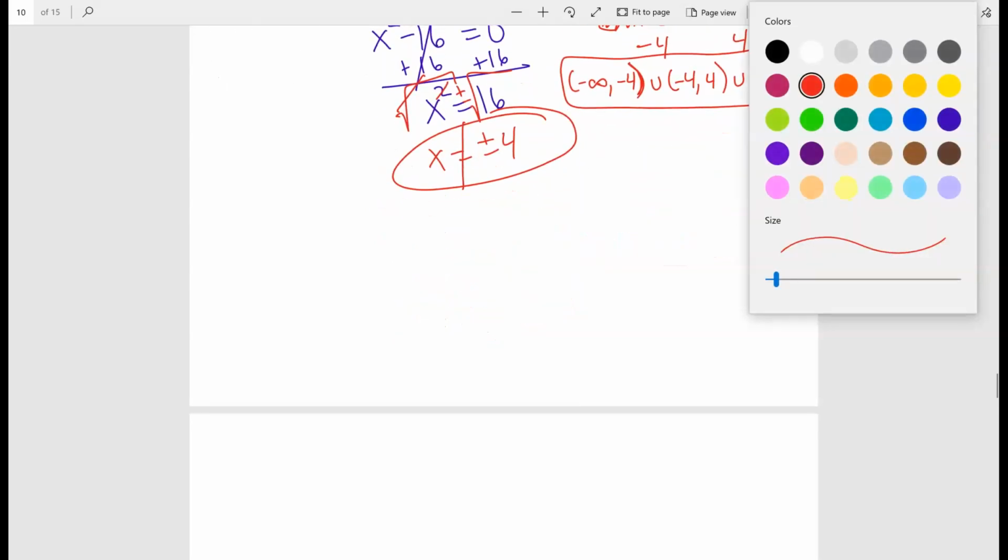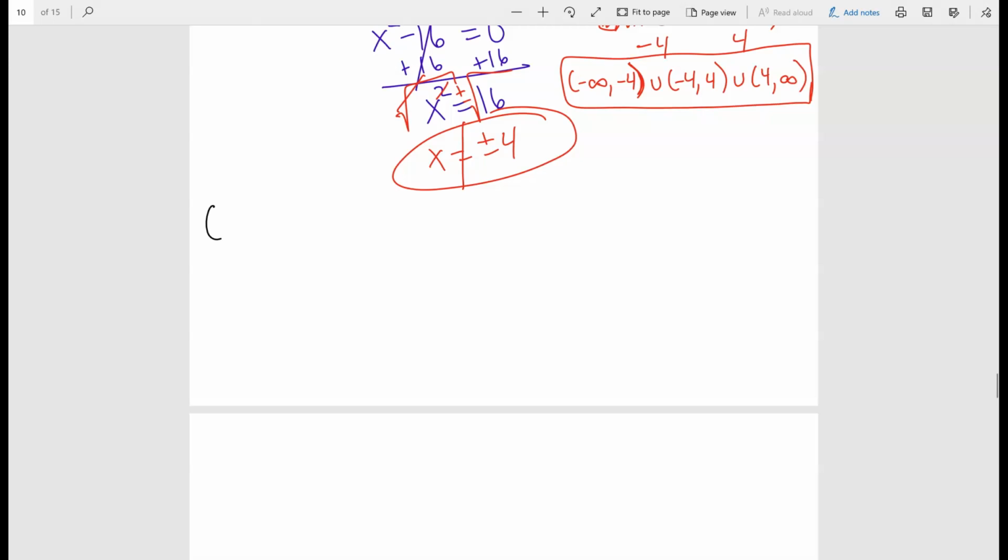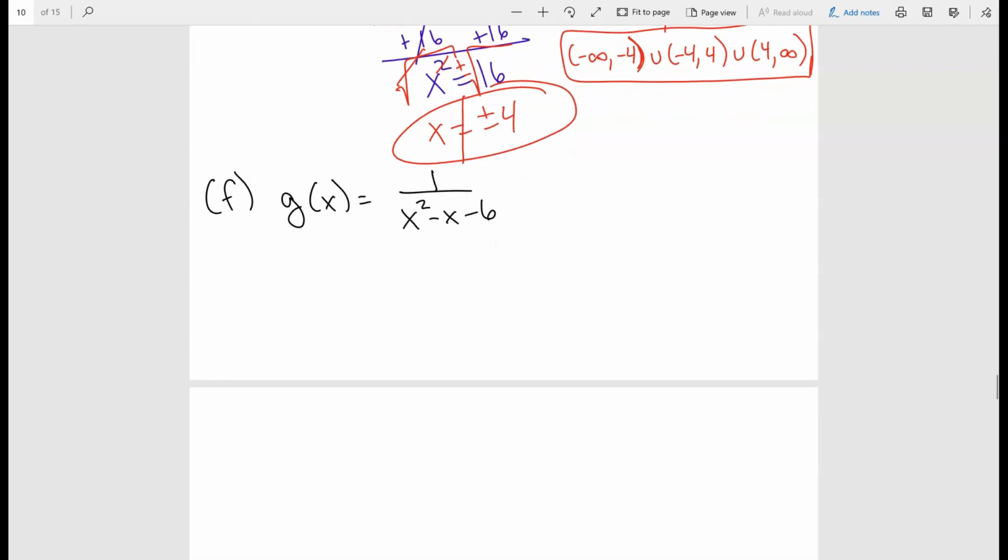Okay, so let's just do one more. So let's say we wanted to do g of x is equal to 1 over x squared minus x minus 6. Okay, so remember we have a rational again. So what we're going to do is we're going to set the denominator equal to 0.